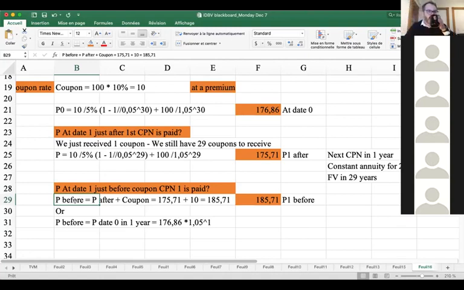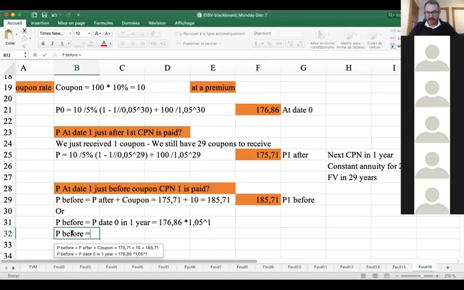Now, I just wanted to also show that there is an alternative way to calculate this 185.71. P1 before is P at the date 0, but in 1 year. So P1 before is 30 coupons to receive plus the face value to receive.